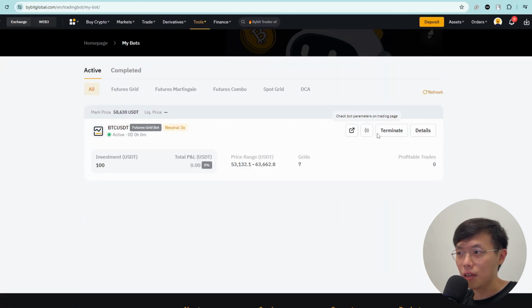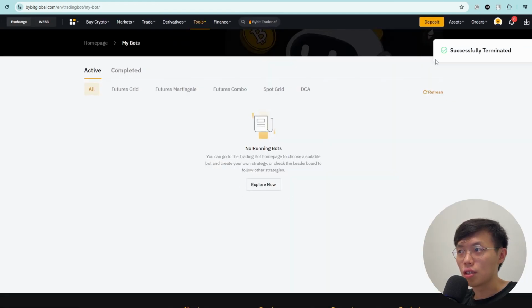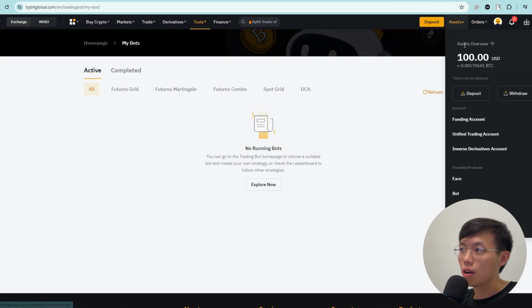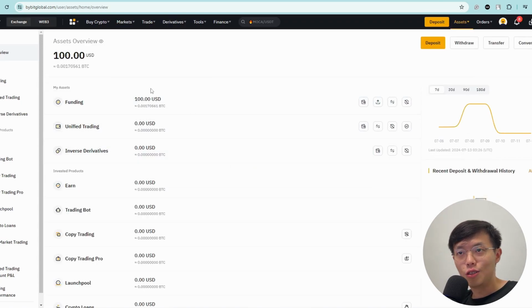If you want to terminate it, you press terminate here, then confirm. It's successfully terminated, and the money will be refunded to your account. Simple as that. So this is how you use trading bots. They automatically buy and sell for you.